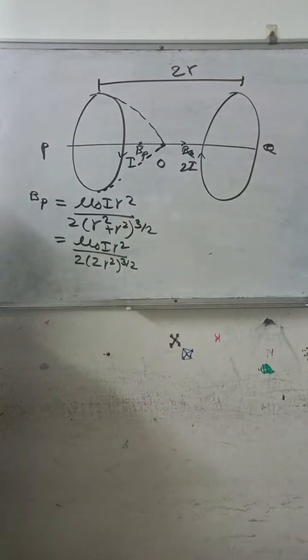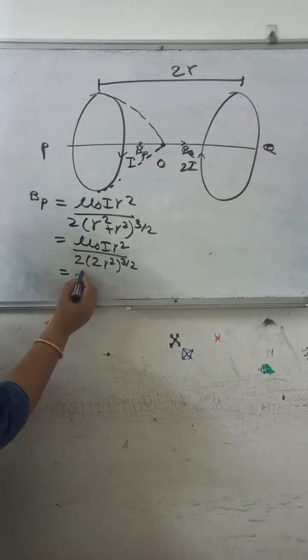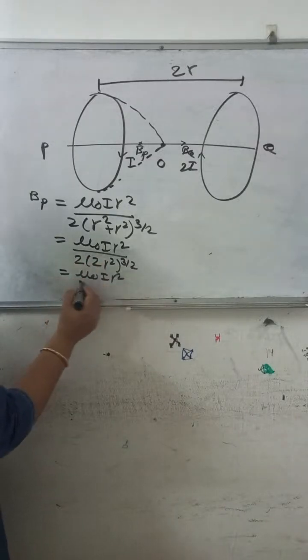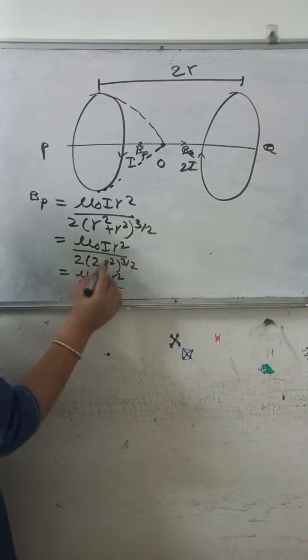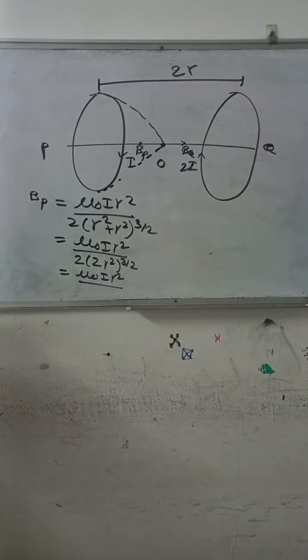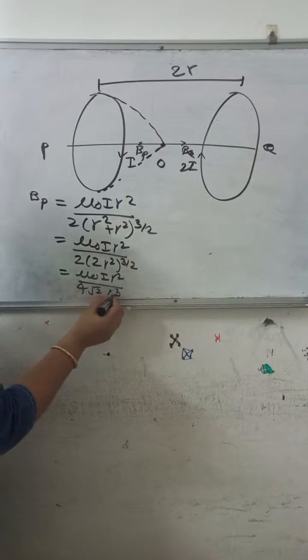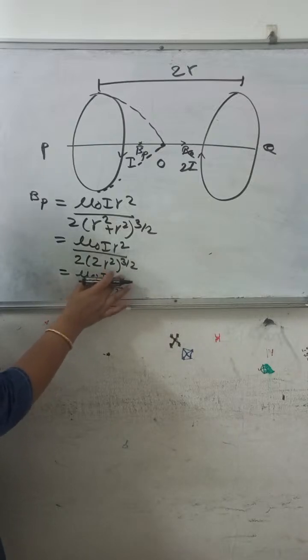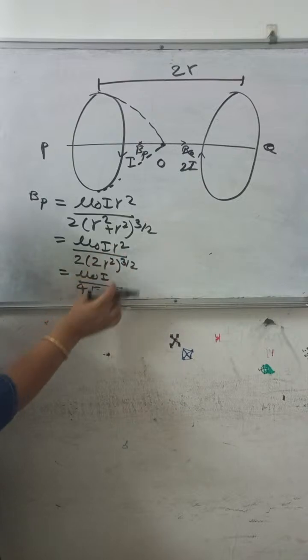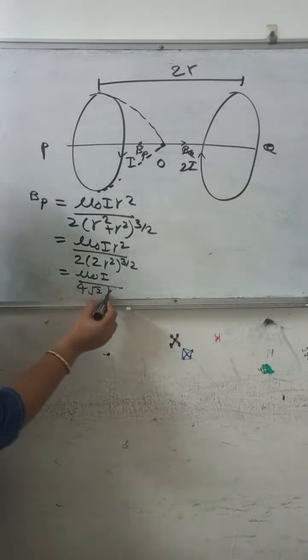If you raise each to 3 by 2 inside the bracket, the 2 and 2 get cancelled, R cube we will get, and 2 raised to 3 by 2 into 2 is 4 root 2. I will erase this R square because it gets cancelled, and only R will remain. So mu naught I upon 4 root 2 into R is the magnetic field at the point P.